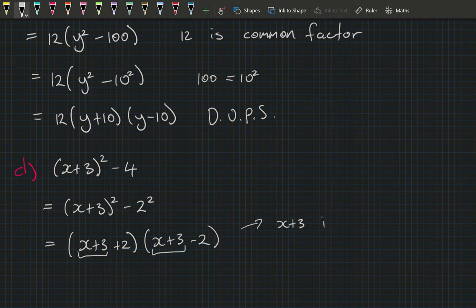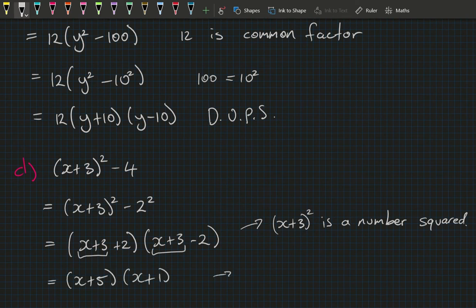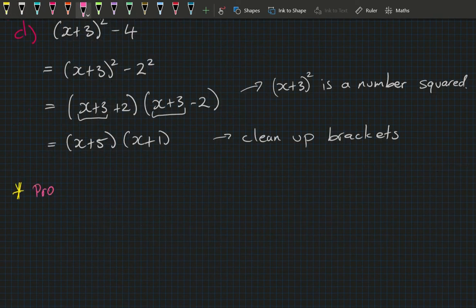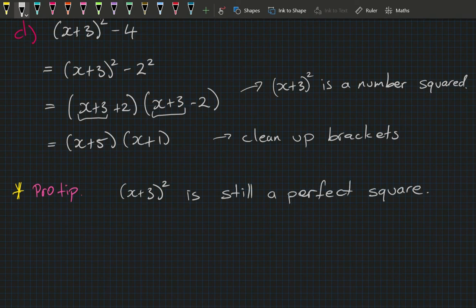And of course that's because x plus 3 is just a number squared. And once you've done this, you want to clean up those brackets, so we're left with x plus 5 times x plus 1. If you're not sure, 3 plus 2 is equal to 5, and 3 minus 2 is equal to 1. So just as a pro tip, x plus 3 is still a perfect square, so don't be confused. Anyhow, if you are, we'll definitely go over that again in the classroom.